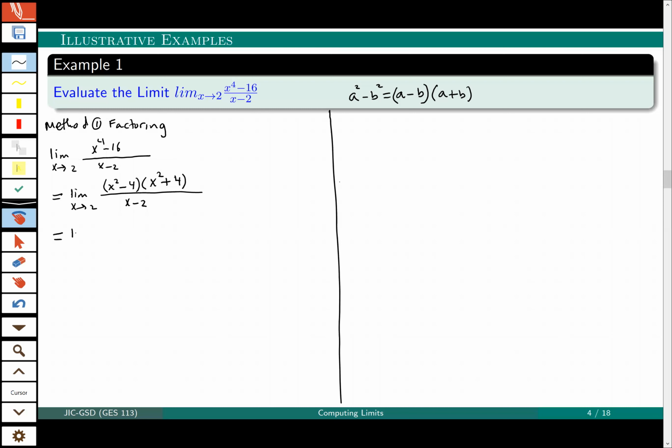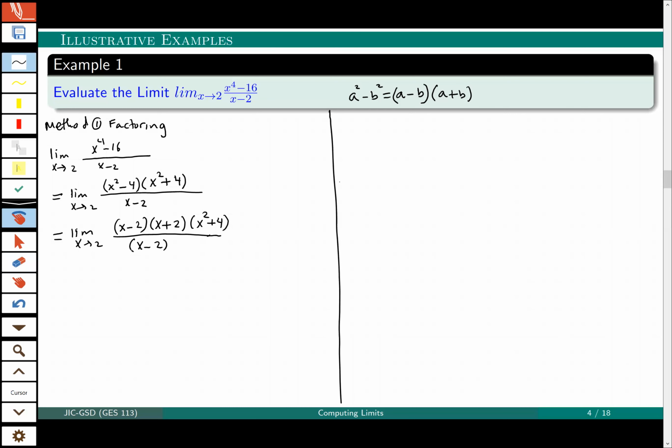We repeat the same story for x squared minus 4: square root of the first is x, minus square root of the second, which is 2, times x plus 2. Of course, x squared plus 4 is a prime polynomial, it cannot be factored.